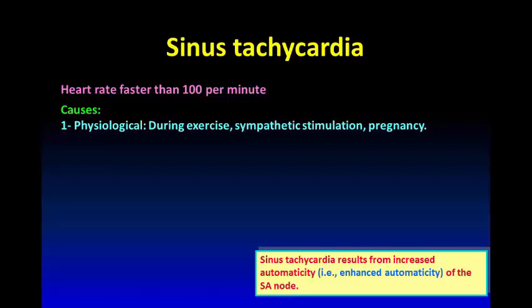Physiological sinus tachycardia is seen during exercise and with sympathetic stimulation, and also during pregnancy.